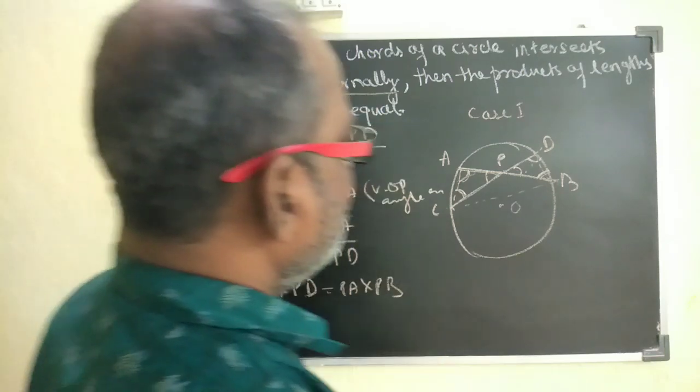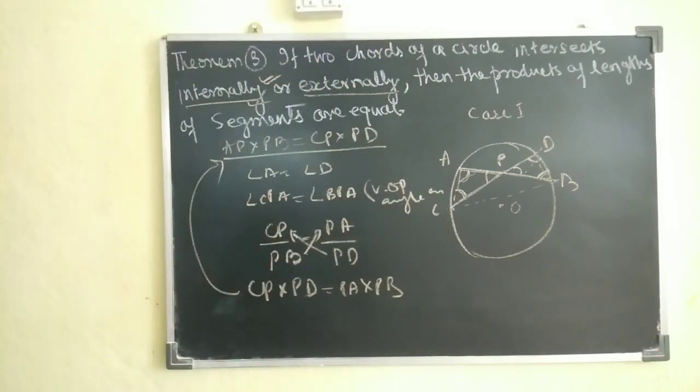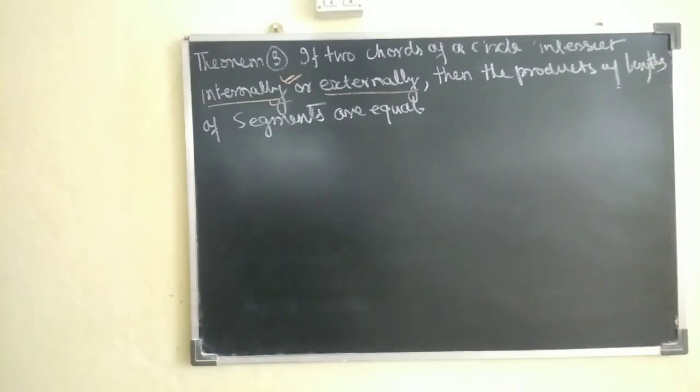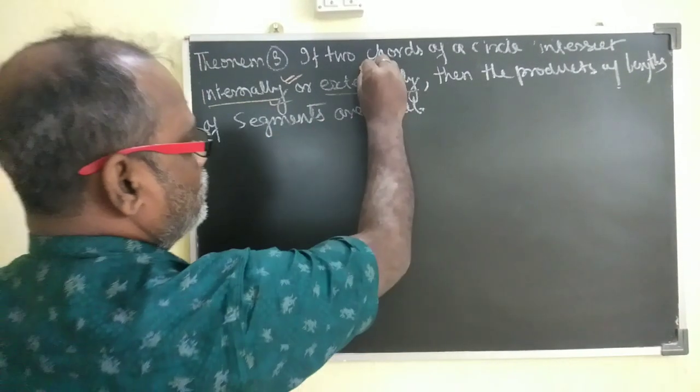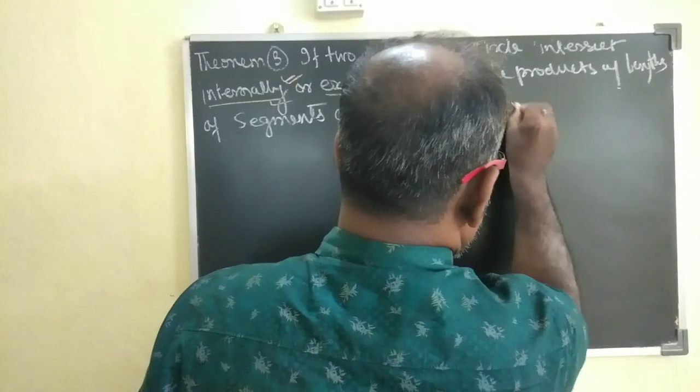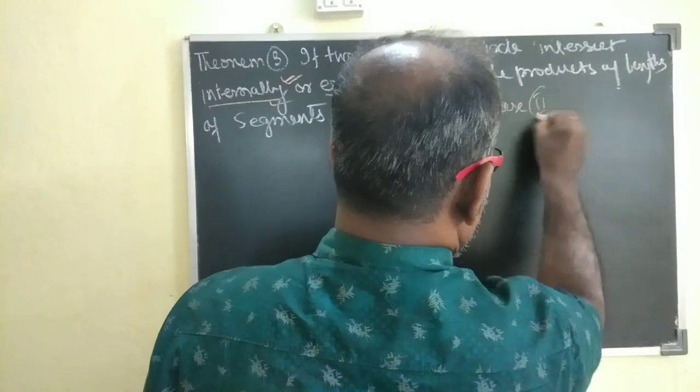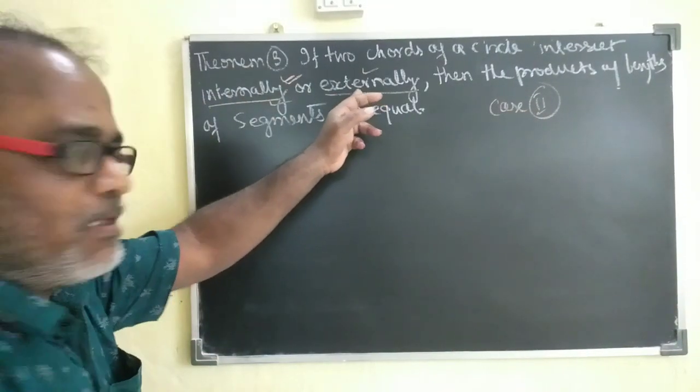Now let us go with case 2. We have to show the external form.